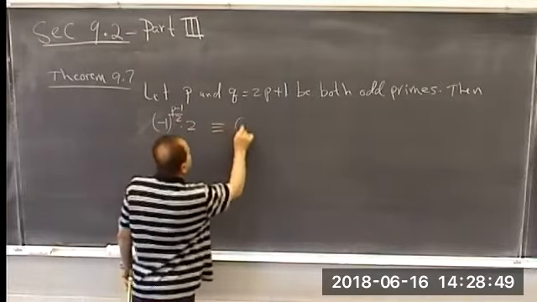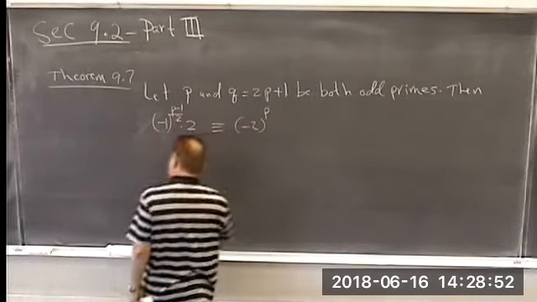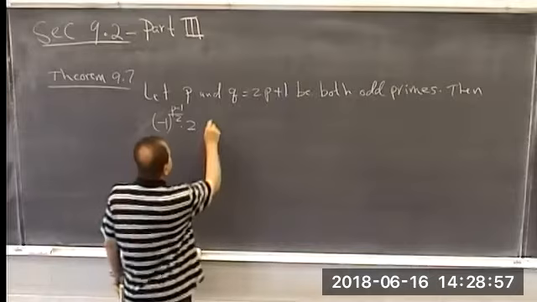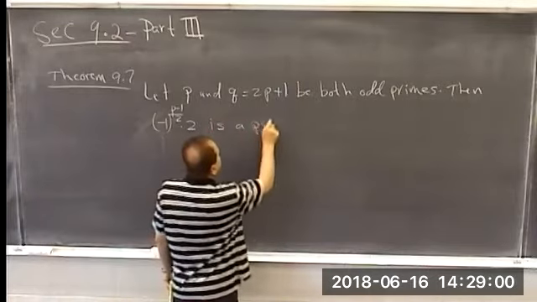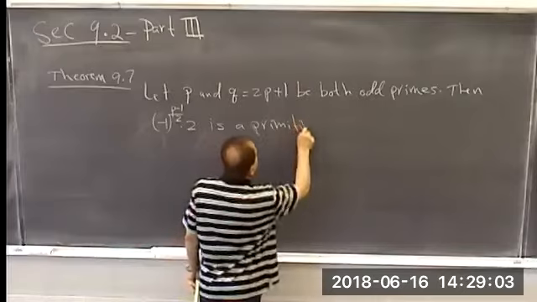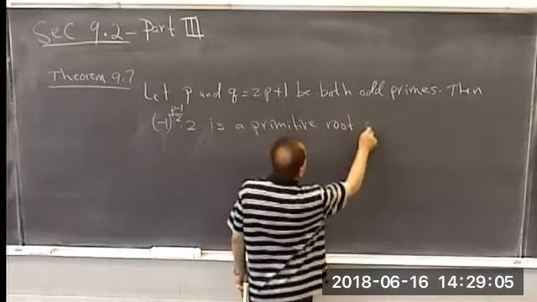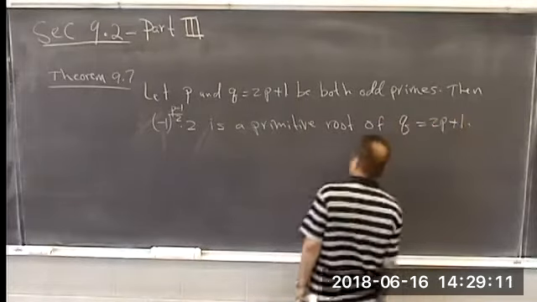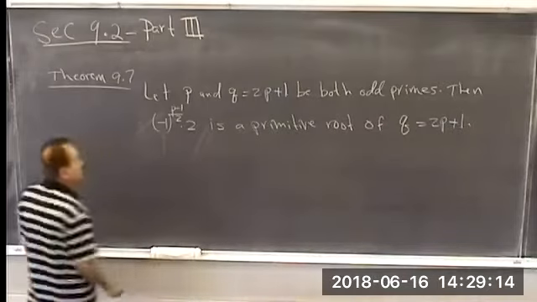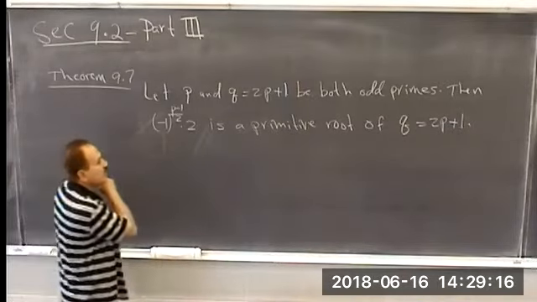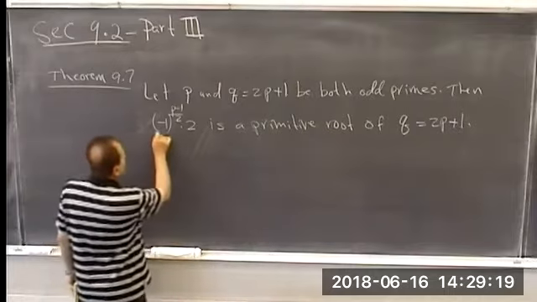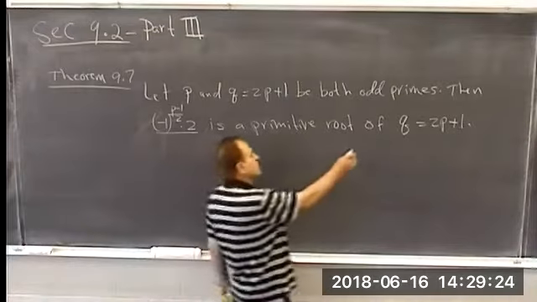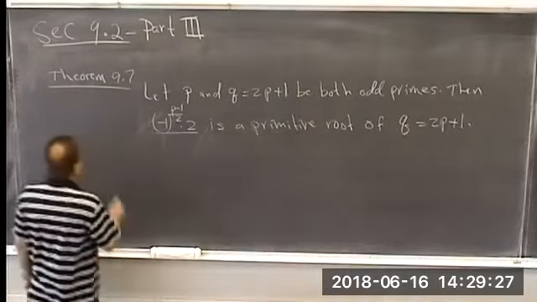It's just because an alternating sign is a primitive root of q. This means that we're going to show that the order of this integer is going to be phi of q. All right, so here's the proof.